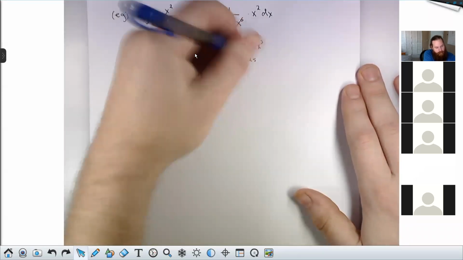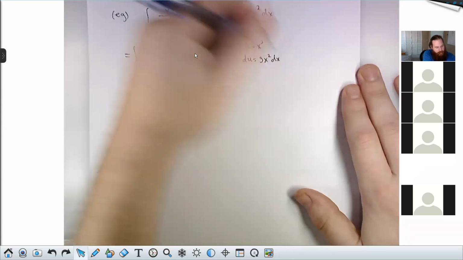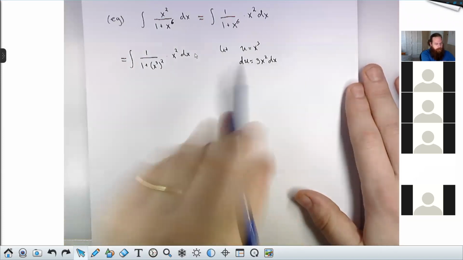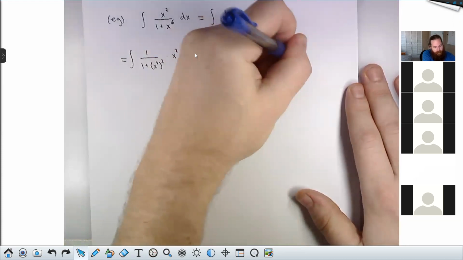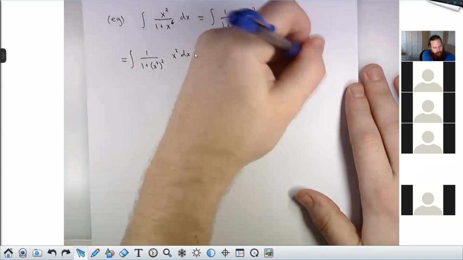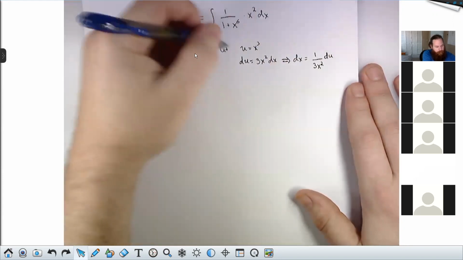Then du is 3x squared dx. And again, if it's not super obvious how you should make use of this, you can solve it for dx. That'll be 1 over 3x squared du.